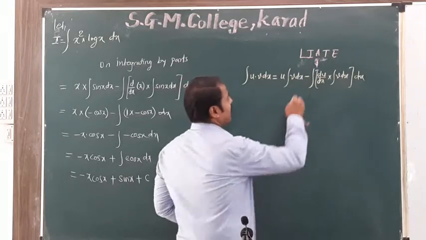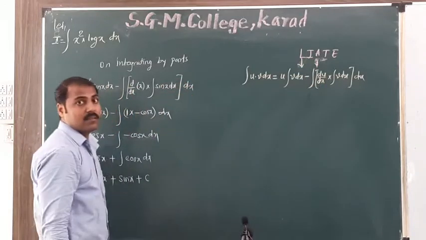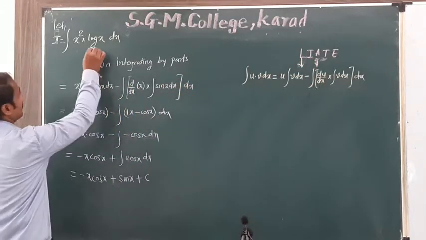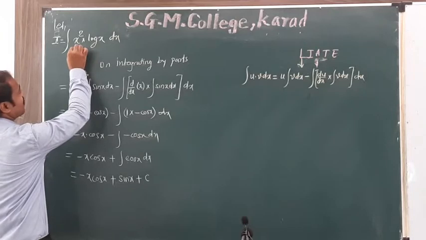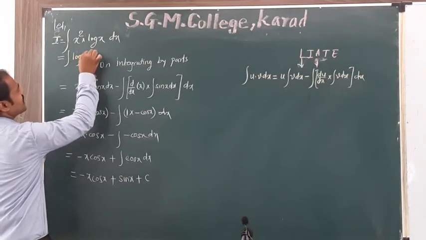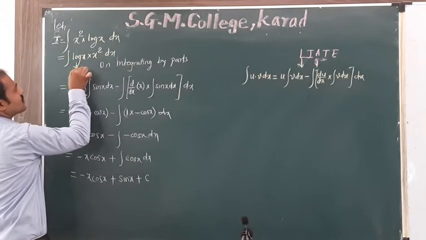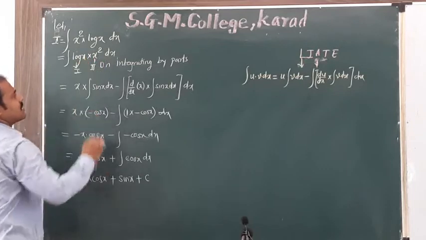But here L comes first in the order. So the first function is log x and the second function is x square. So writing this as log x into x square dx.